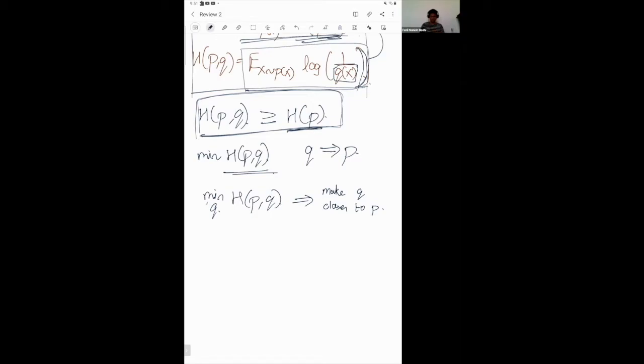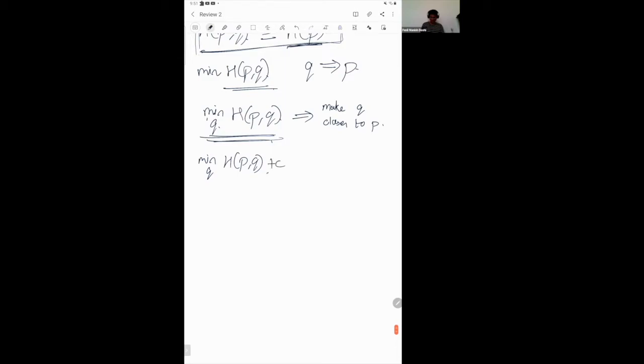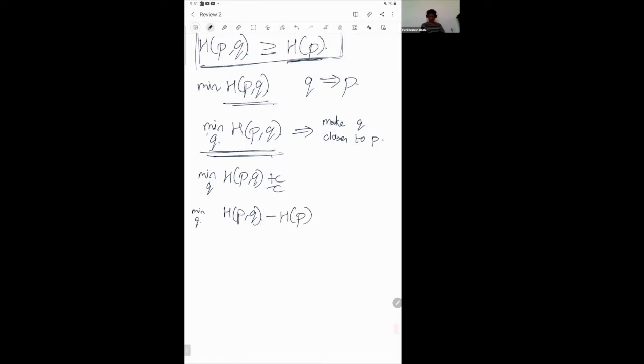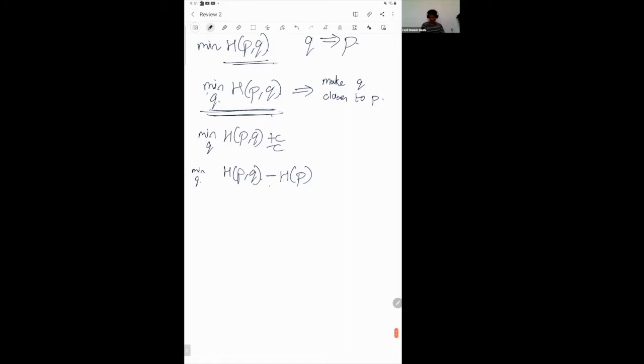And if I'm minimizing this quantity, I can just add any constant, plus c minus c, that is independent of q. Then this is minimizing over q h of p, q, and what I'm basically doing is now subtracting h of p. These are equivalent because h of p is independent of q.